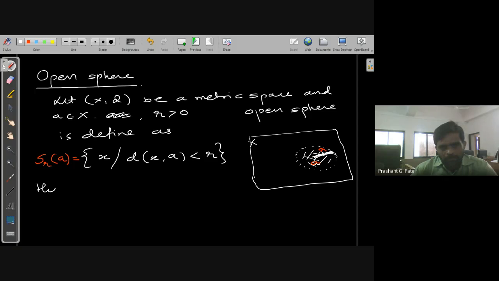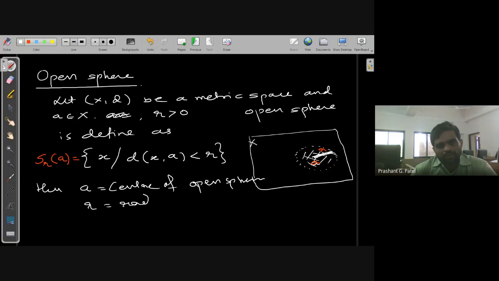Here, this a is called the center of the open sphere. What is this called? The center of the open sphere. And this r is called the radius of the open sphere.